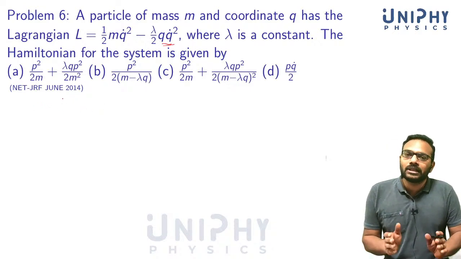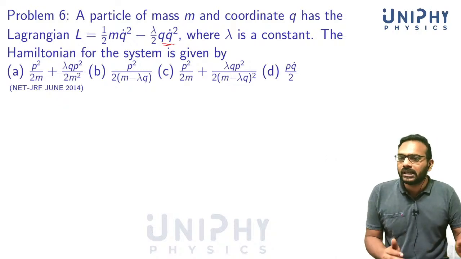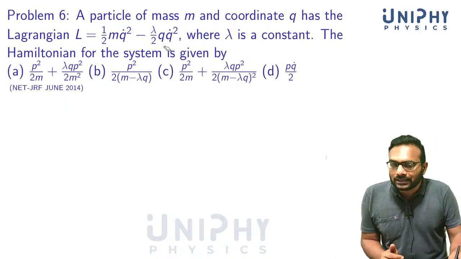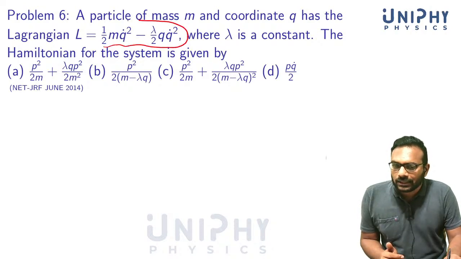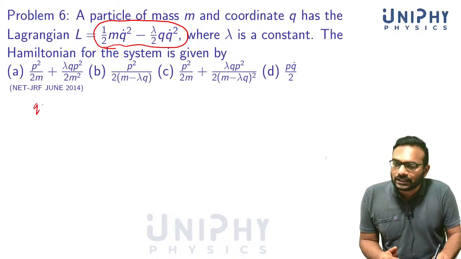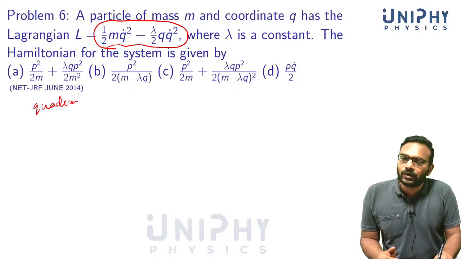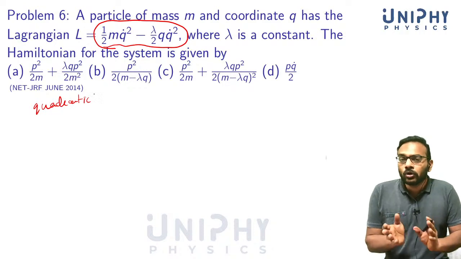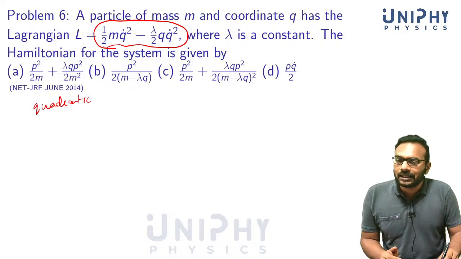Since we are doing this in a competitive examination, you have to be really quick. You notice that this term only has kinetic energy. How do you know whether a term is kinetic energy? If it is quadratic in velocities, a velocity square or the product of two velocities, then it's a kinetic energy term.